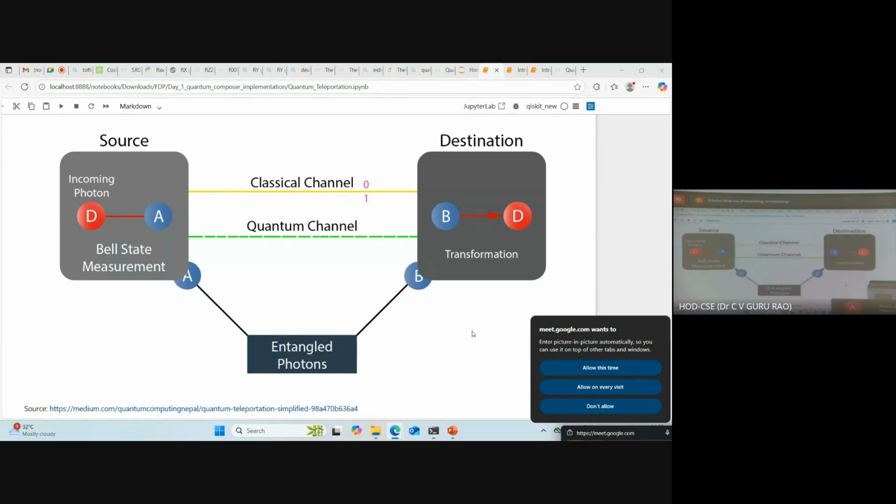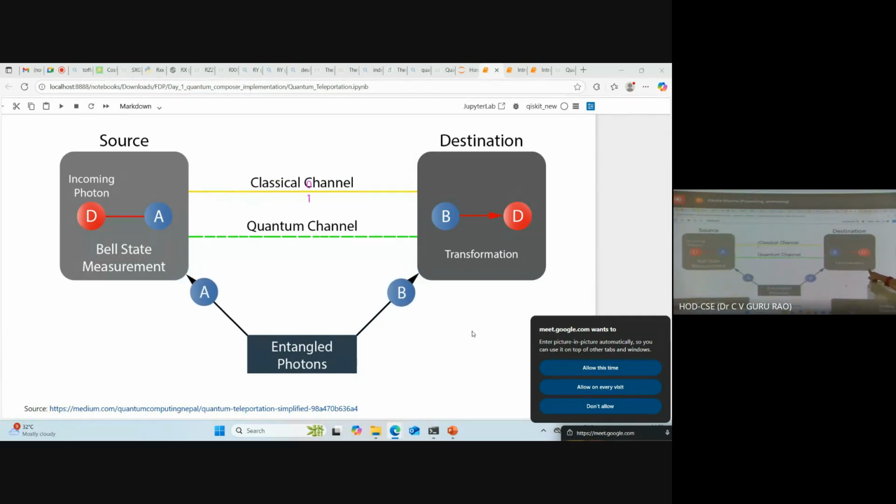The source wants to send some information to the destination, but it needs to be sent in a most encrypted form. So for that, the source does some operations, with the help of which it sends the information to the destination.